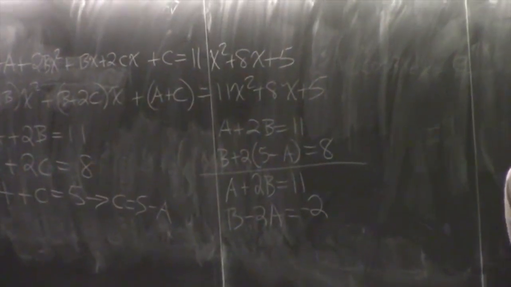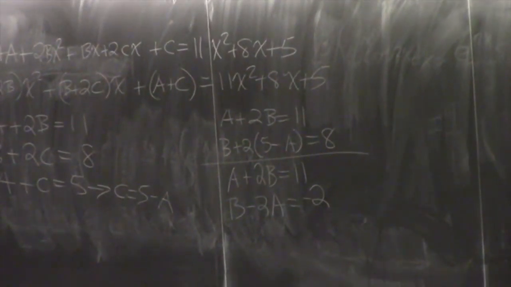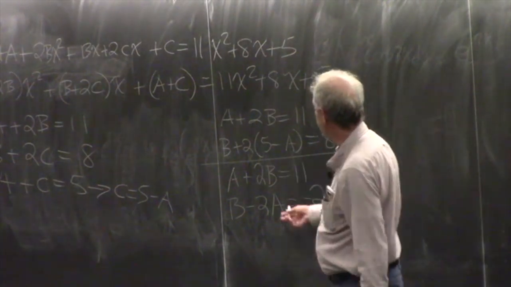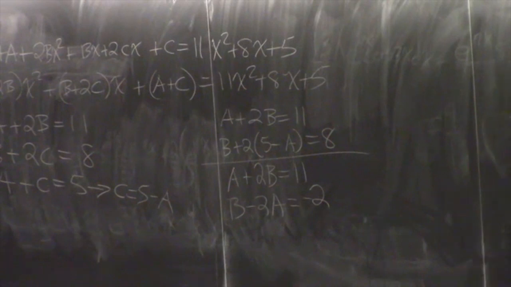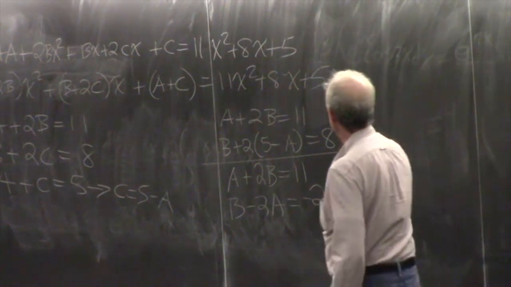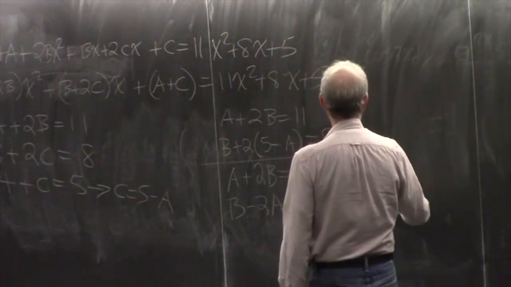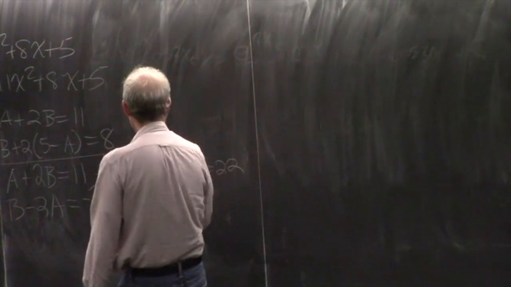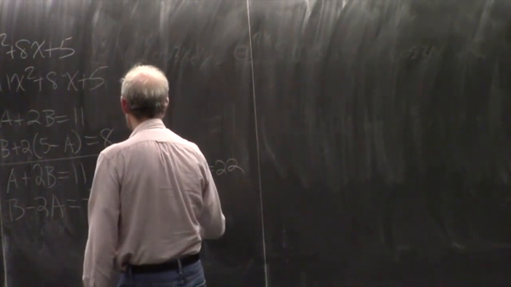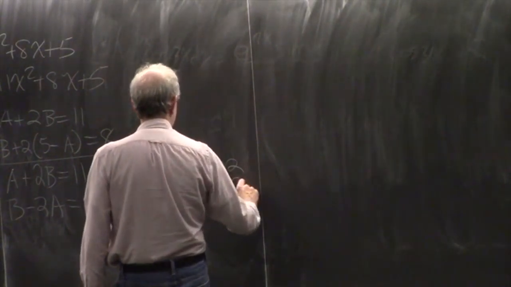Okay, now I gotta solve that one. So you could either now do something clever like multiply this equation by 2 and add them, or you could do substitution again. So I'm going to multiply it by 2. That's pretty easy. So this becomes 2A plus 4B equals 22, and minus 2A plus B equals minus 2.